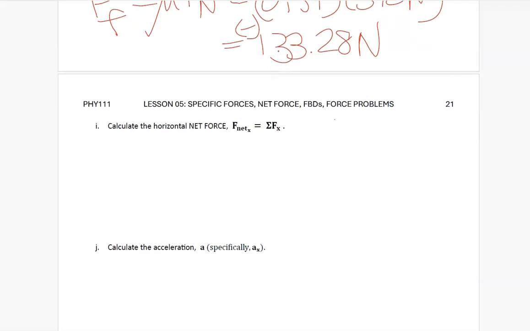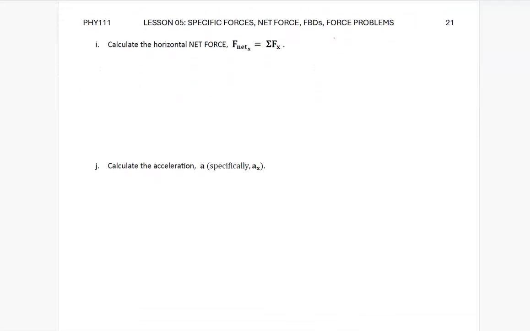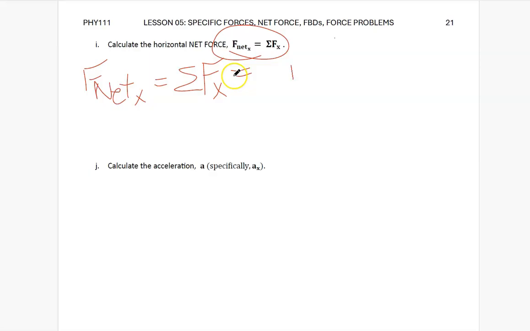So now we're going to start to calculate the acceleration, but first we need a net force. We know the vertical net force is 0, but that's not important to the horizontal acceleration. So we need the net force in the horizontal direction, which we know is the same as the sum of the horizontal forces, and that is the sum of the two forces that we know are moving horizontally.